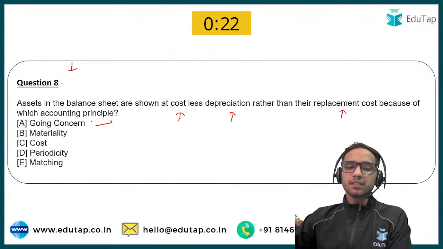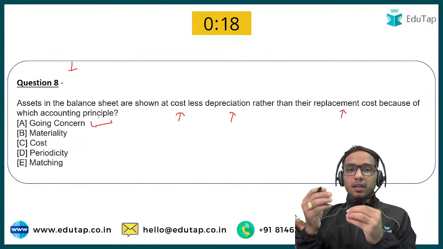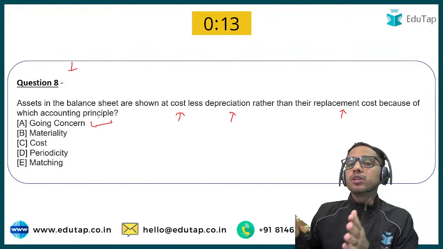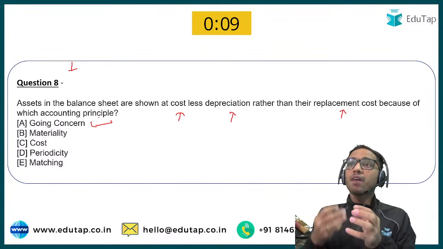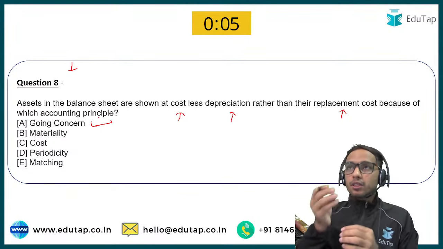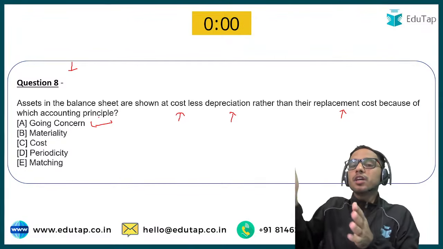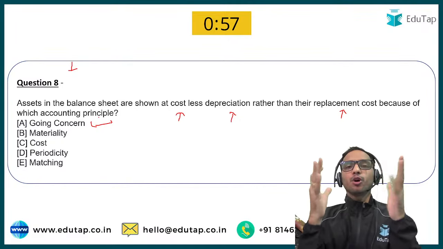See, let's first understand going concern. Going concern says that your business is going to be there in the foreseeable future. You're not going to shut down your business. This is what going concern says, and you have to prepare your accounts as per the going concern only. So as your business is going to continue for a foreseeable future, you are not going to record your asset at the replacement cost.